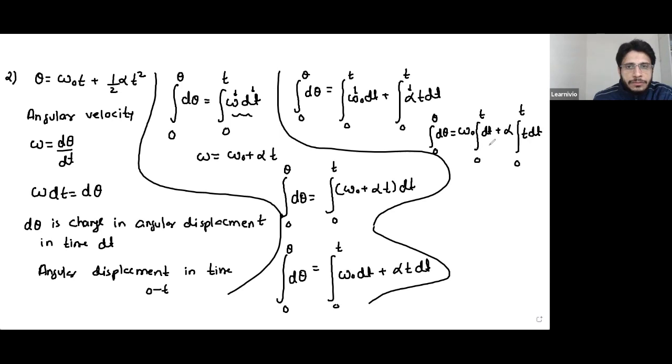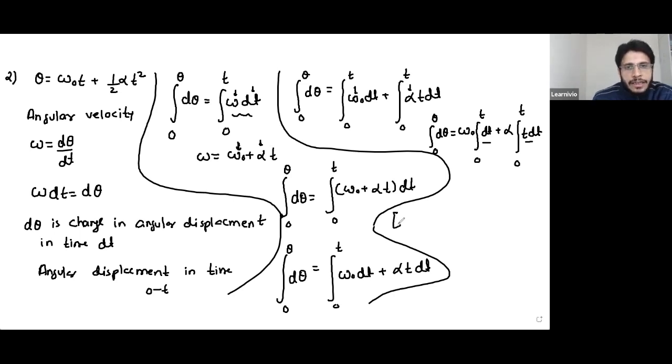But t is a variable. So these integrals are in t only, one variable on the right hand side. Is it clear? Omega naught is constant, alpha is constant, but not this t.